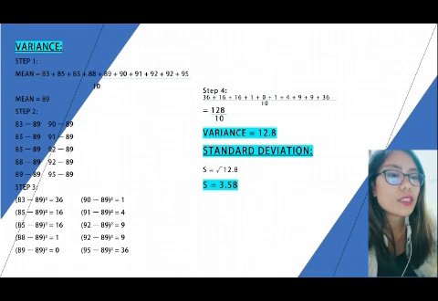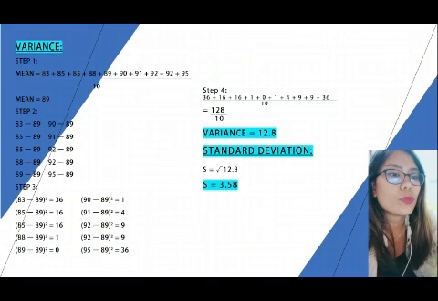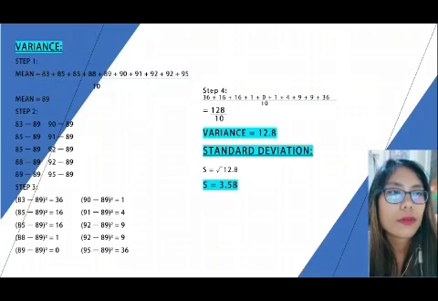So the variance is 12.8. In getting the standard deviation, you're going to take the square root of the variance, which is 12.8, and the square root of 12.8 is 3.58. So the standard deviation was 3.58.